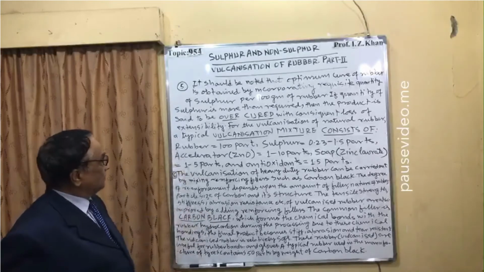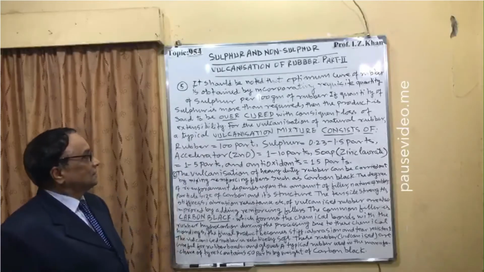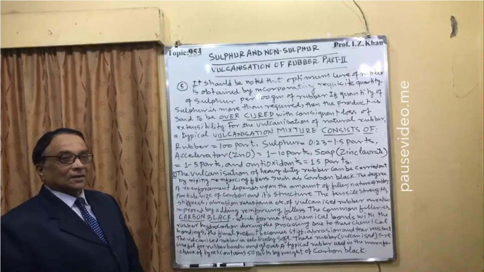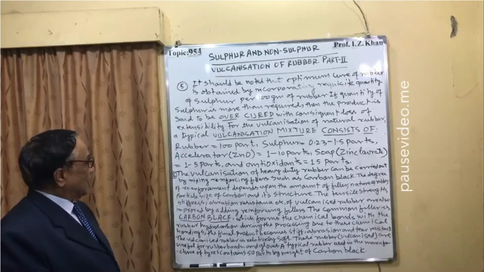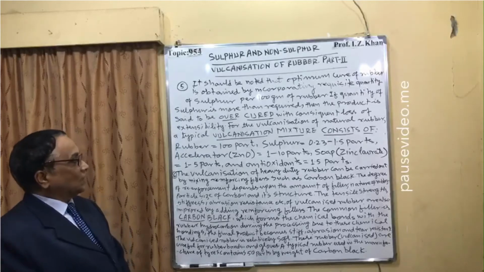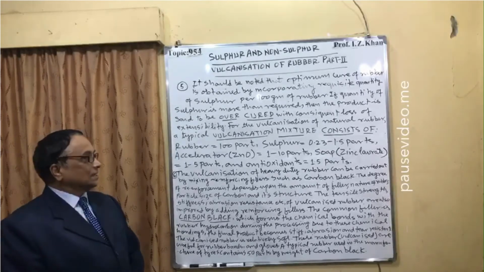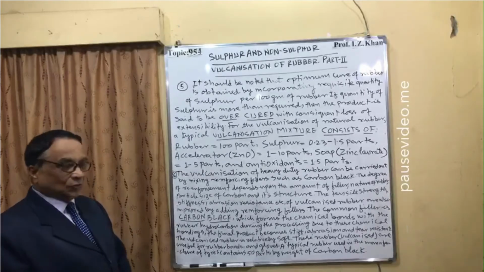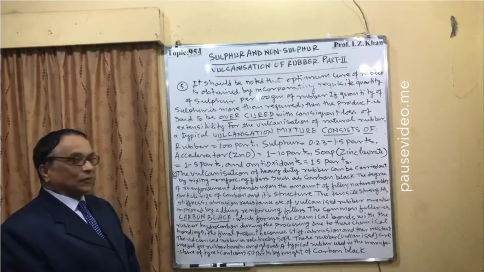They are given here. The natural rubber will be 100 parts, sulfur will be from 0.23 to 1.5 parts, accelerator, that is ZnO, will be from 1 to 10 parts. Then soap, that is zinc chloride, will be from 1 to 5 parts, and antioxidant will be 1.5 parts.